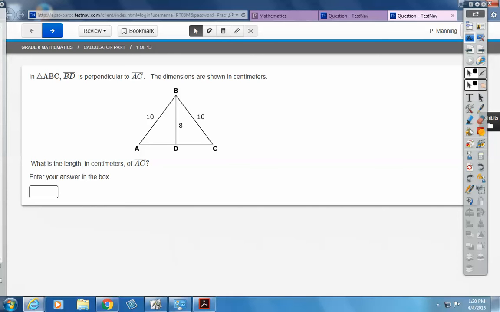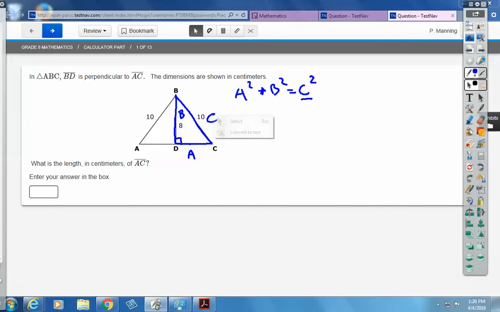And that tells you we do have a right angle right here, so we have a right triangle that the Pythagorean theorem can help us with. The Pythagorean theorem says that a squared plus b squared is equal to c squared, where c is the hypotenuse, or the longest side length. So I'm going to call this a, this length b, and the hypotenuse, the longest length, has to be c.